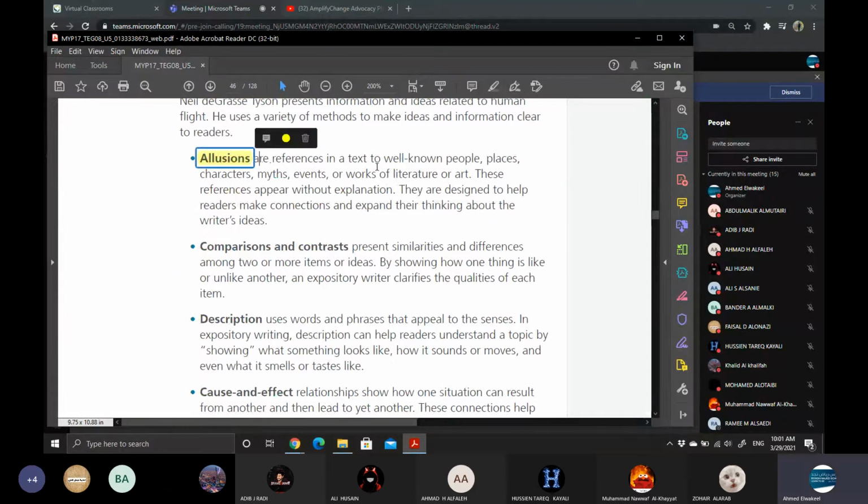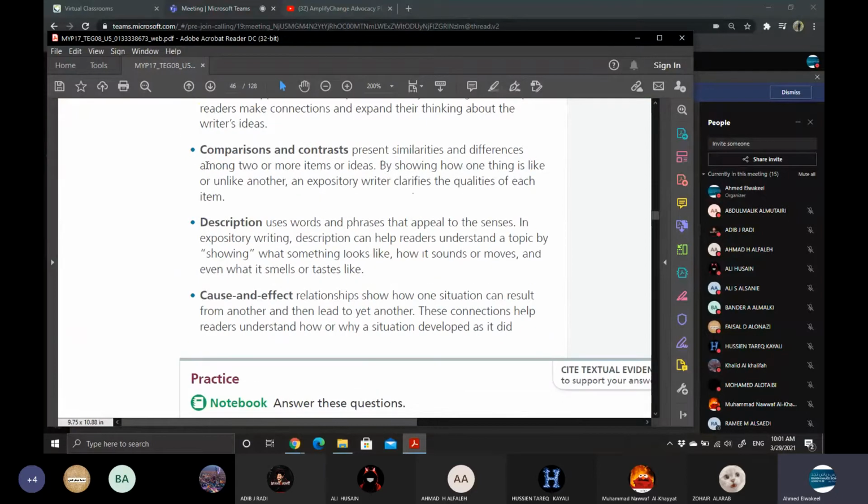So allusions are references in the text to well-known people, places, characters, myths, events, or even works. What about the comparison and the contrast?